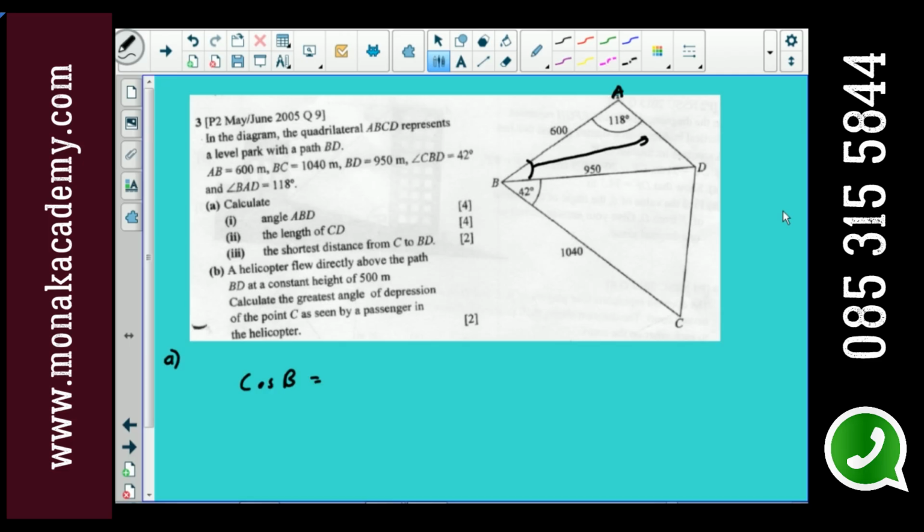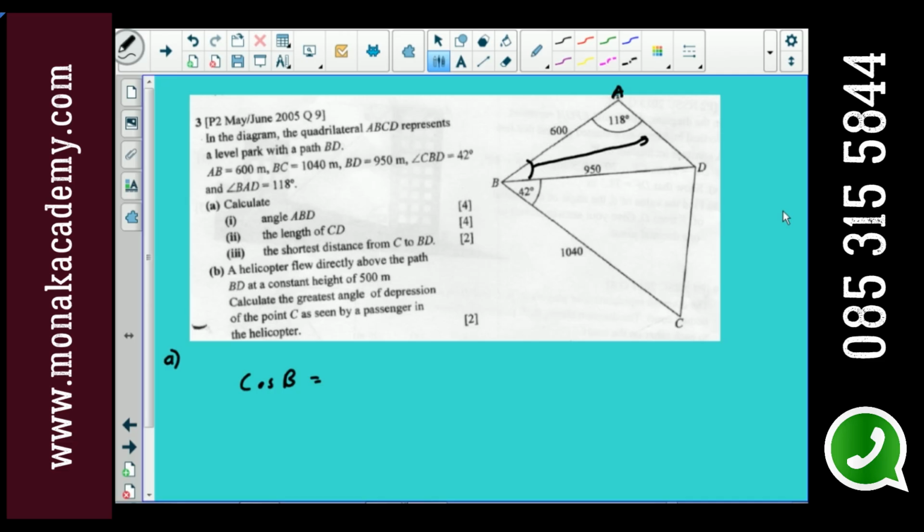That in order to get an angle with our cosine rule, we need all 3 sides, but we don't have 3 sides. So what does that mean? What I'm seeing is, since this question has got 4 marks, they want us to do 2 calculations here. That's why it is a lot of marks like that.